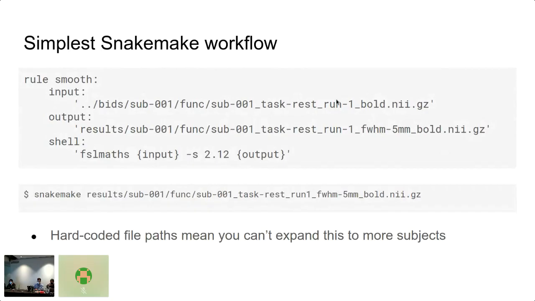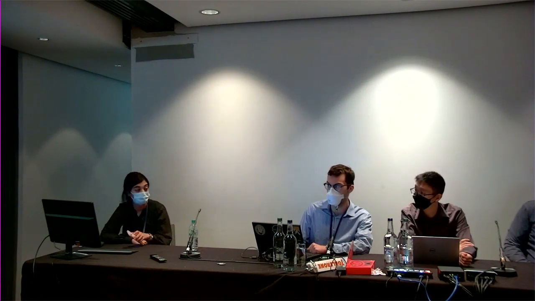So we've got the command fslmaths that we have to have installed for this workflow to work. And then the input in braces here will be replaced with whatever we have in our input field, which right now is just a hard-coded path to some file that exists on our file system.